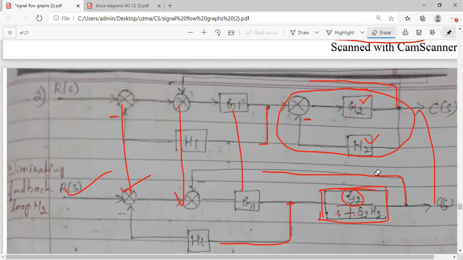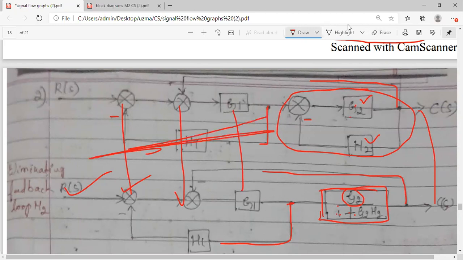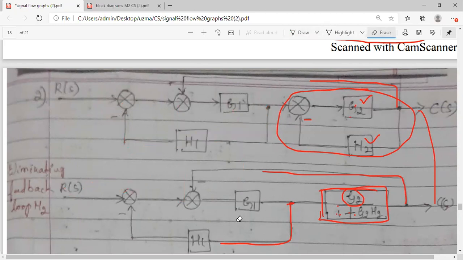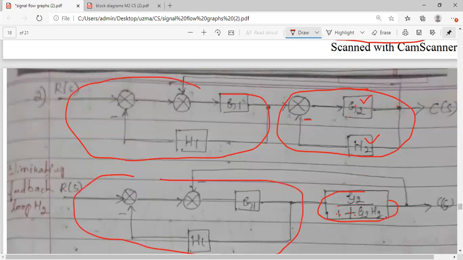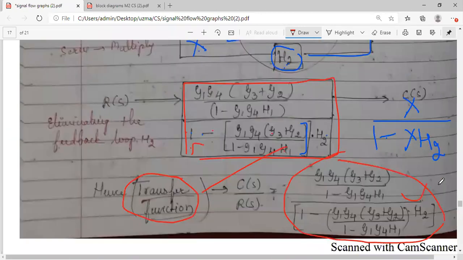Remaining all terms, all blocks should be drawn as it is. Remember that. If you change even a little, if you make some mistake while drawing the remaining parts, the complete problem will go wrong. So I have applied the rule only for this particular part that I have reduced. The remaining part has to be drawn as it is. Fine.